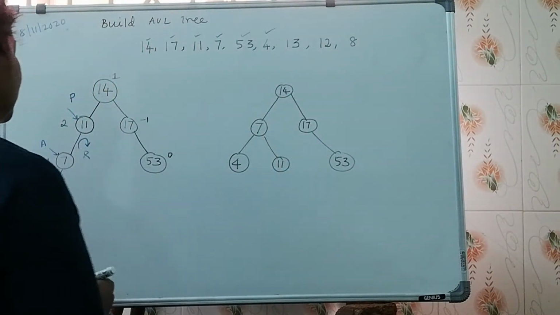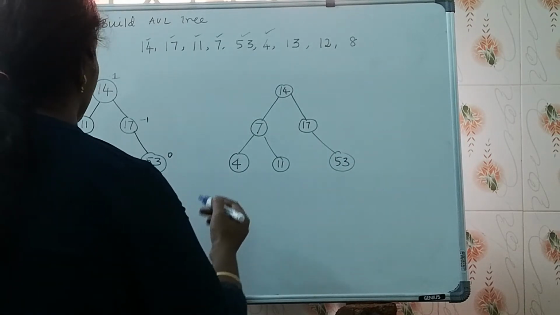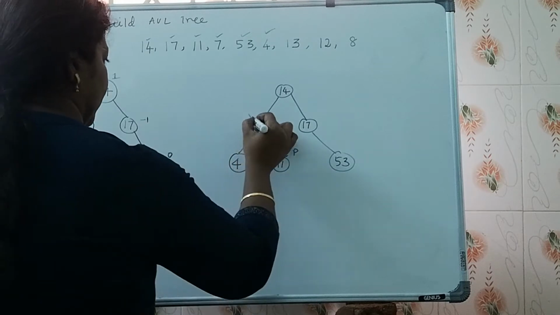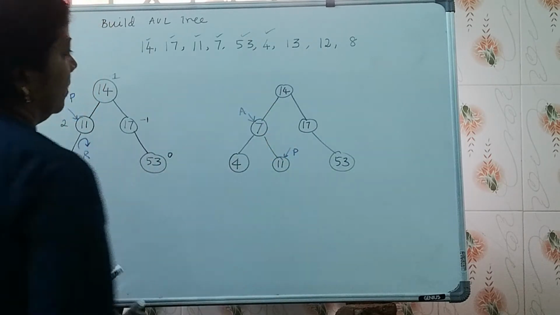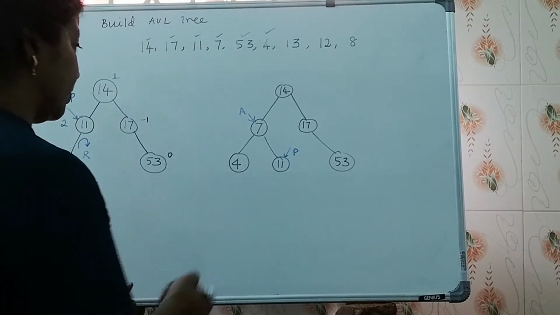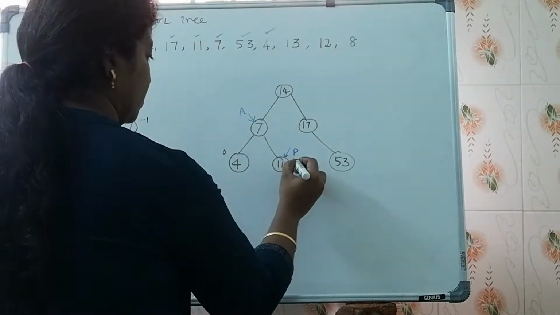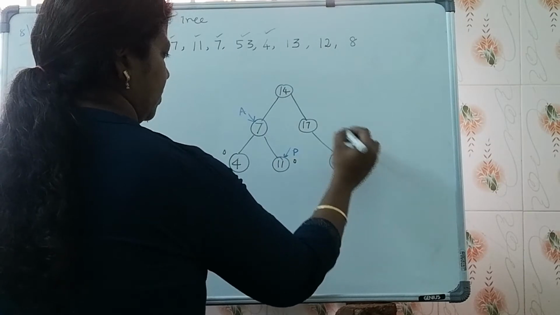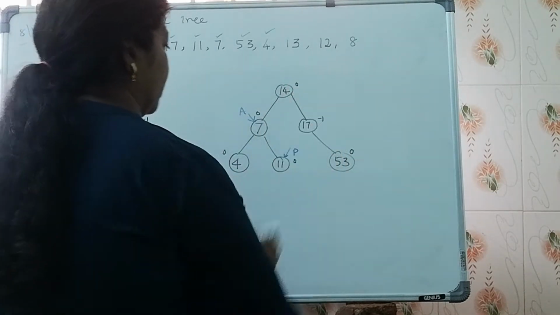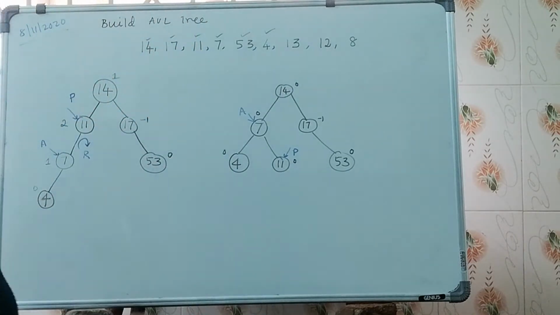Now what is P here? P has moved here. What is A? This is A. We have applied a single rotation. Now let us calculate the balance factor for every node: 0, 0, 0, here -1, here 0, here 0. So it maintains the AVL property.